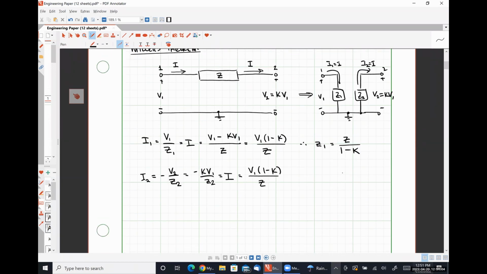So what we will find there is that V2 is equal to negative K times Z divided by 1 minus K, which is the same as Z over 1 minus 1 over K. One thing here, I'm just trying to double check to make sure I'm not playing too fast and loose with my negative sign.